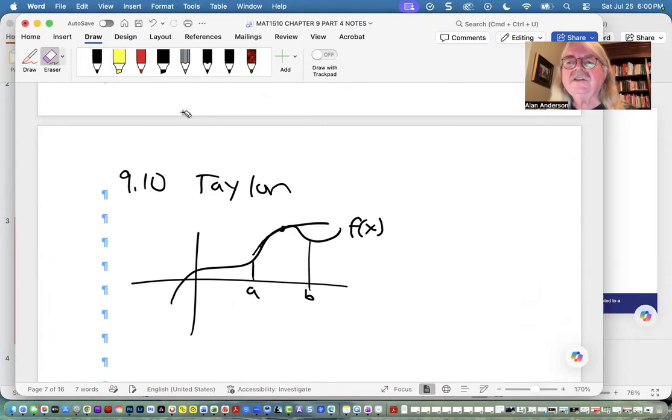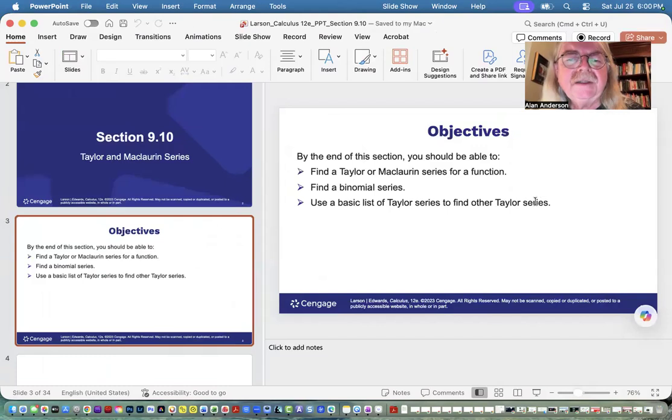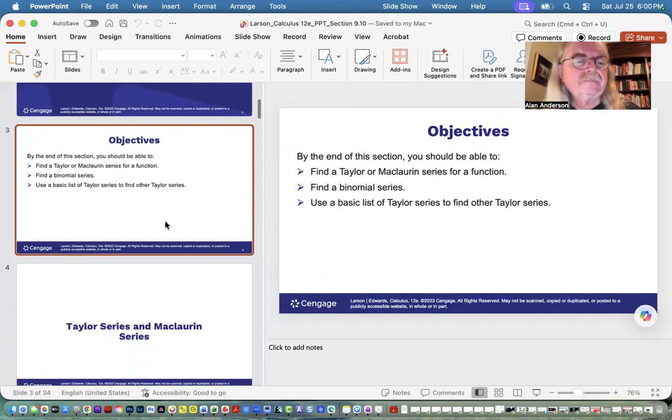But that's just, of course, one of many applications of it. And these two series are very closely related to each other. One is a special case of the other, so they're not really two different things. So this is how it works.